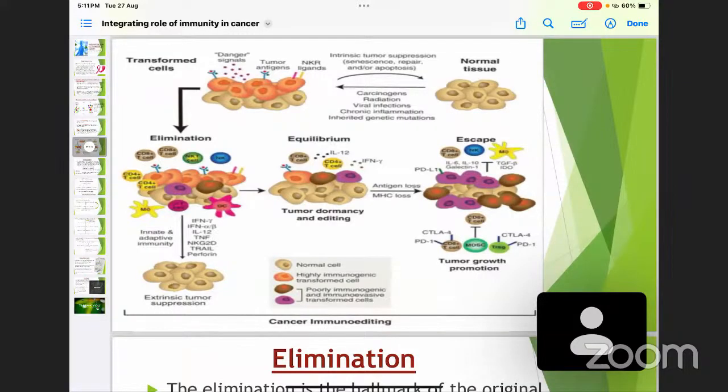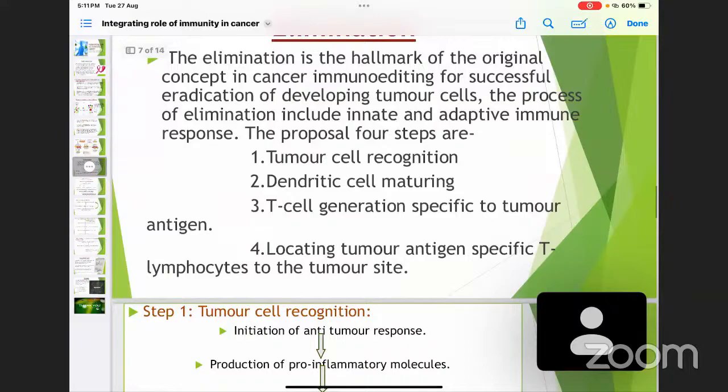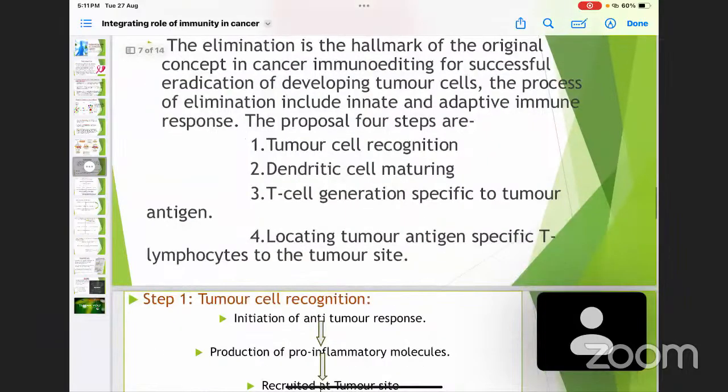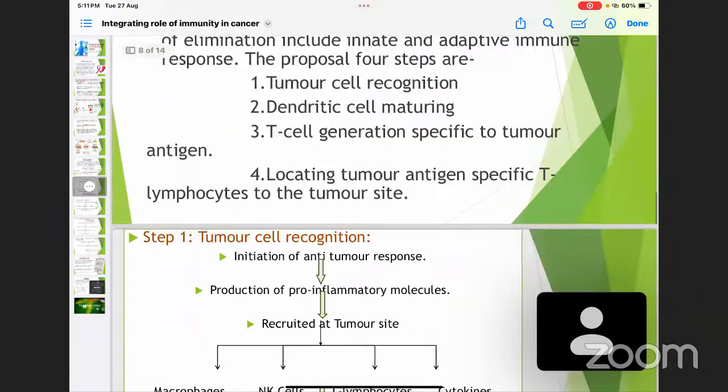The next phase in immunoediting is the elimination phase. The elimination phase is the original concept in cancer immunoediting, where the immune system works together to destroy the developing tumor. It has four main steps. The first is tumor cell recognition, the initiation of the anti-tumor response.